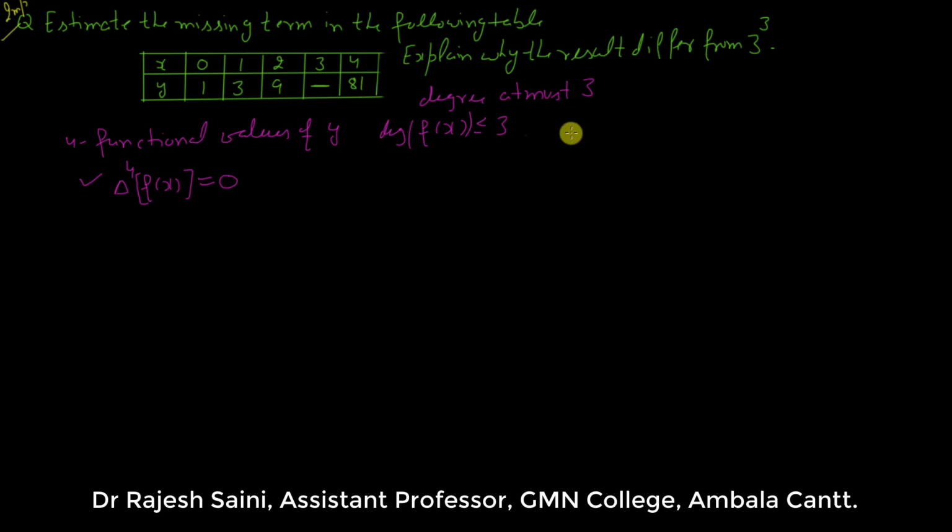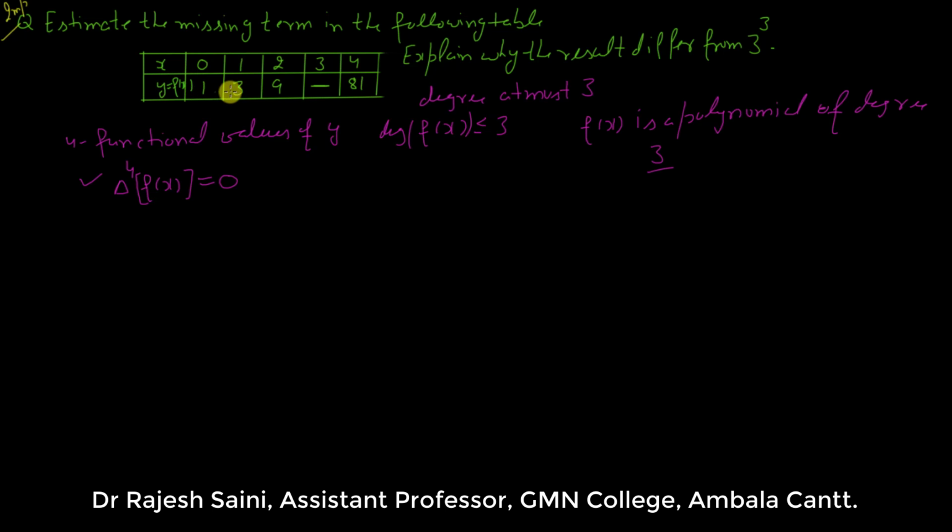So in this case we have assumed that f(x) is a polynomial of degree 3. Fine. So this we will use. So this is f(x).